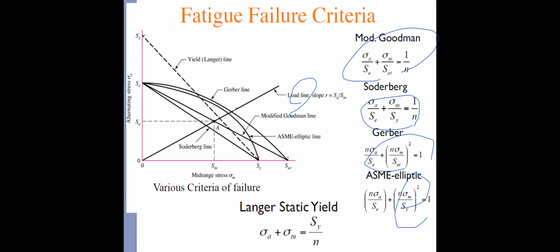This intercept is for the Gerber, this intercept is the SME ellipse, this intercept is for the Goodman, and this line is the linear static yielding. So we can find the intercept solutions between those failure criteria and the load line.